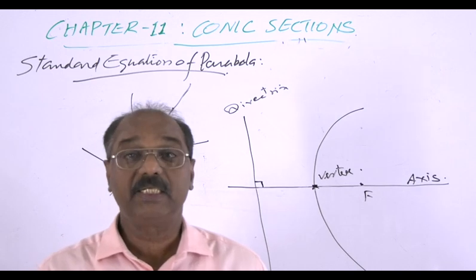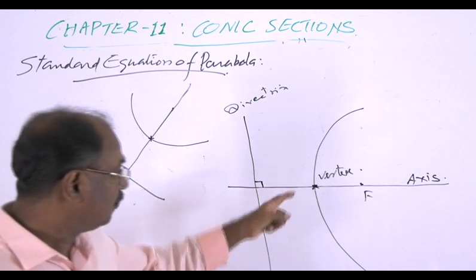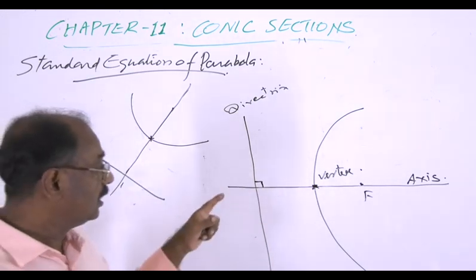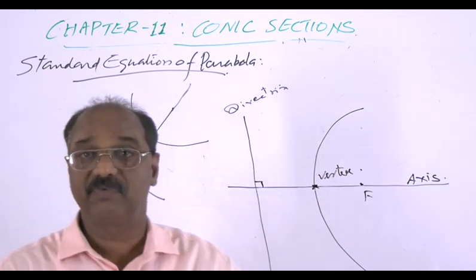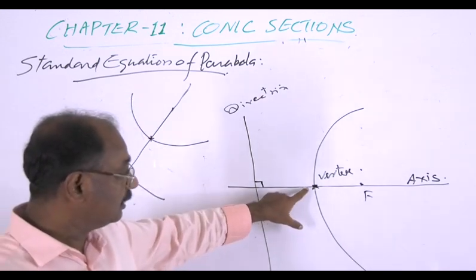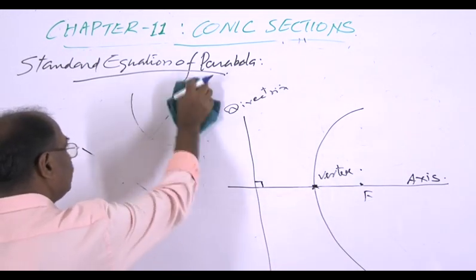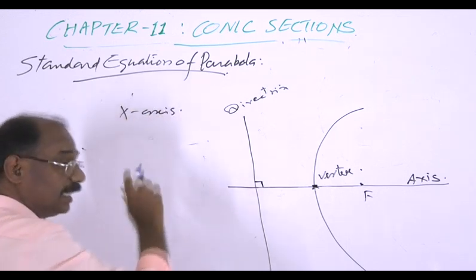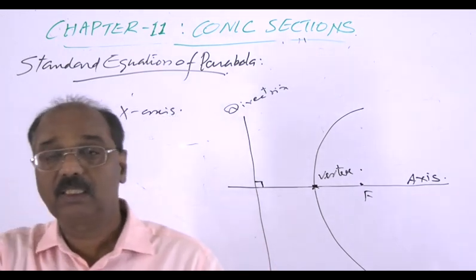And now for the standard equation, the choice of this focus and directrix, or in other words, the choice of this axis and vertex, is taken in a specific way. For the standard equation, the axis of the parabola is taken as the x-axis in the coordinate plane.